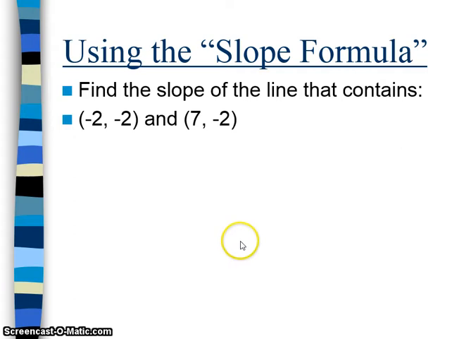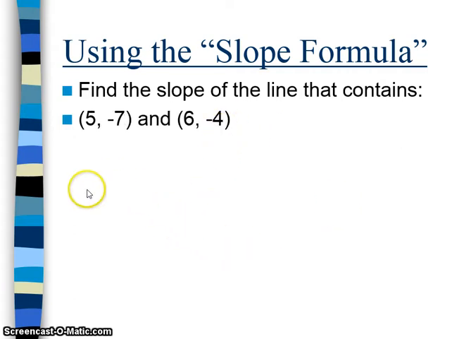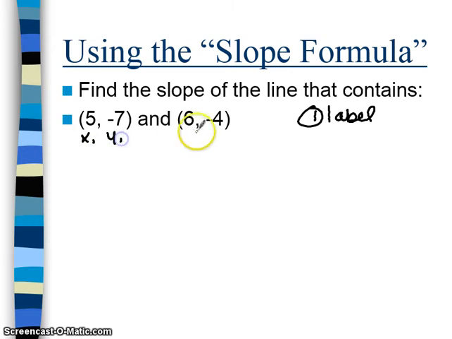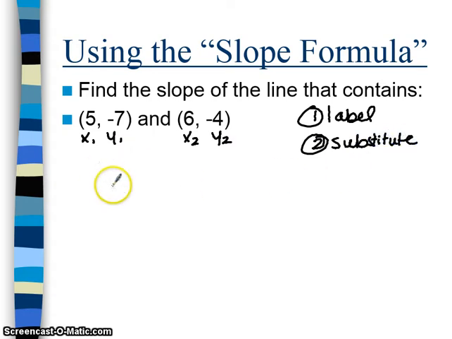Let's look at one more example using 2 points, and then we'll move on to some other forms of relationships. So let's find the slope of the line that contains 5, negative 7, and 6, negative 4. First step, label x1, y1, x2, y2. Second step, substitute into the slope formula.